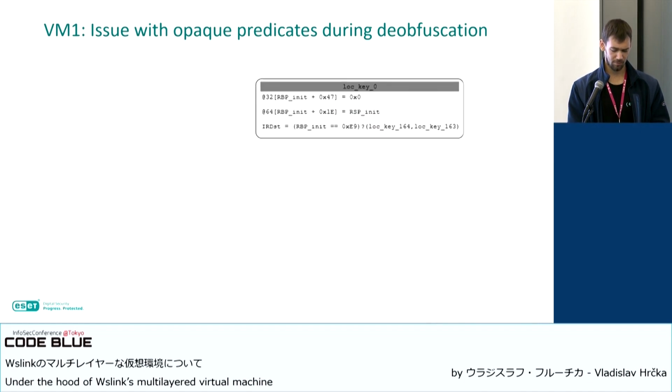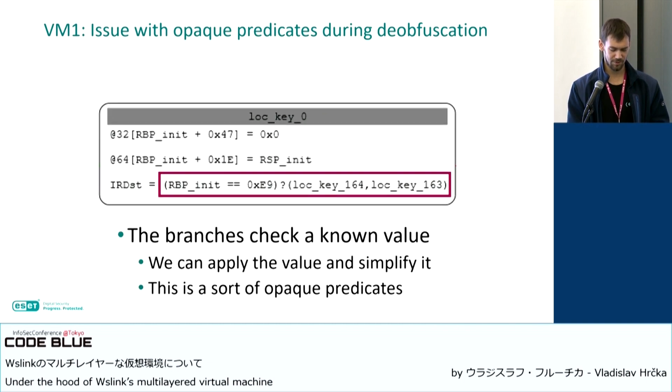And if we look a bit more at the branches, we notice that there's a comparison of the virtual context pointer against a hard-coded value, and there were like 2 or 3 patterns like this, and we can just match them and eliminate these conditional jumps because we know what value belongs to RBP in it, and this is actually sort of opaque predicates. And when we applied these values, we actually deobfuscated the bytecode completely.